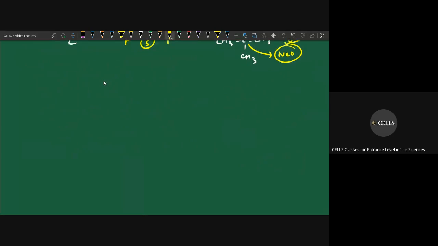Now there are different kinds of carbons. We have discussed primary, secondary, tertiary, neo. Another type of carbon is vinylic carbon. What is vinylic? CH2 double bond CH. This carbon is known as vinylic carbon.